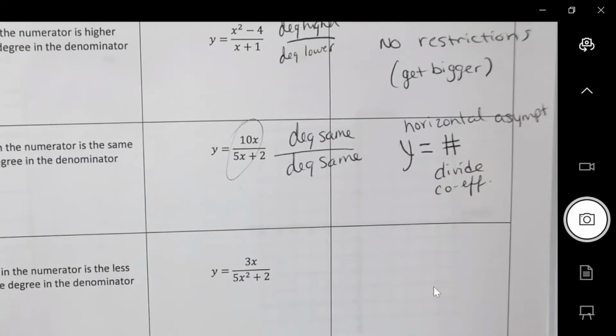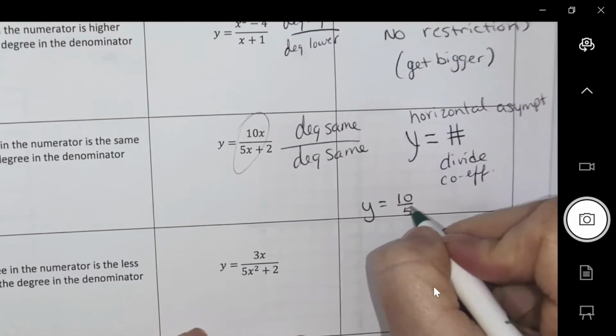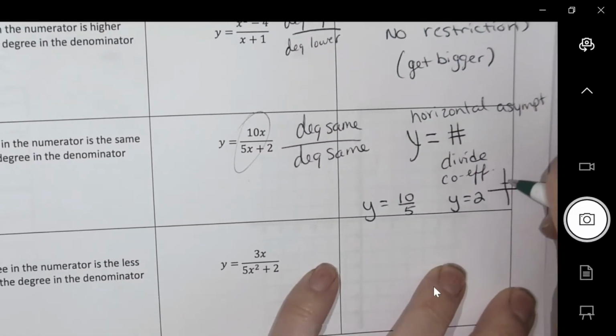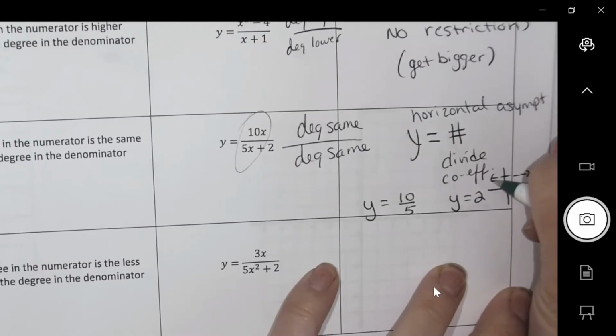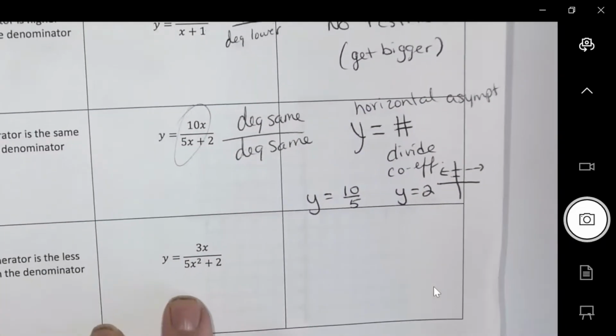And to get that number, you're going to divide the coefficients. So, specifically for this example, I would have done y equals 10 divided by 5. So this one would have a horizontal asymptote at 2.